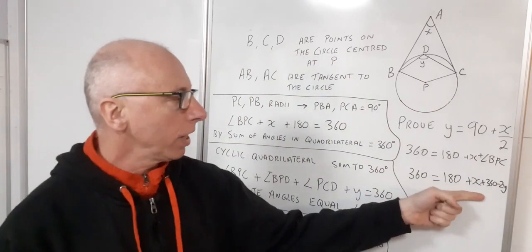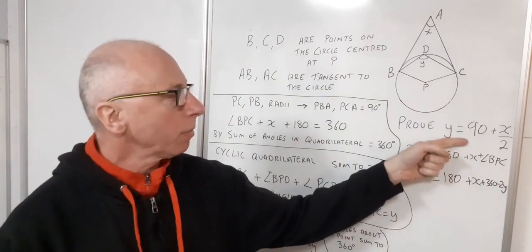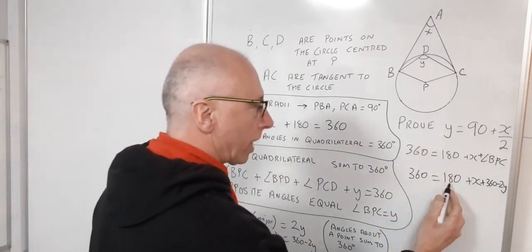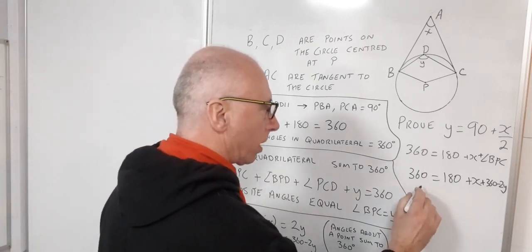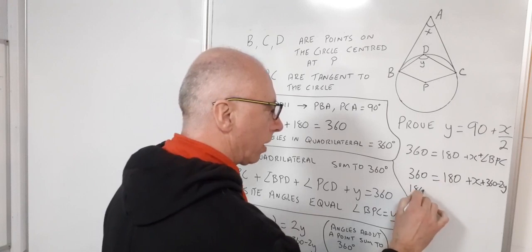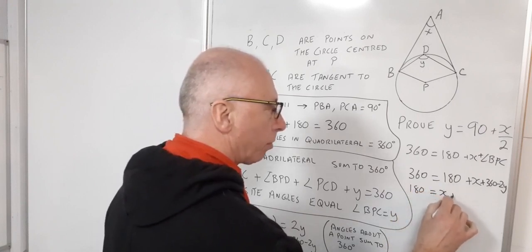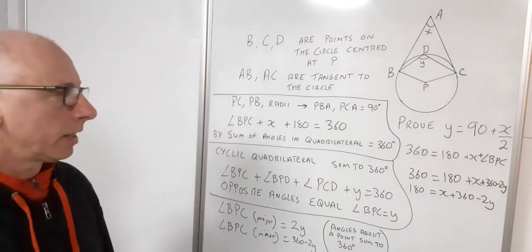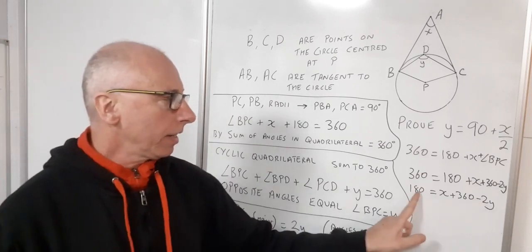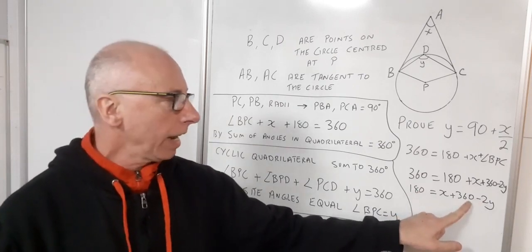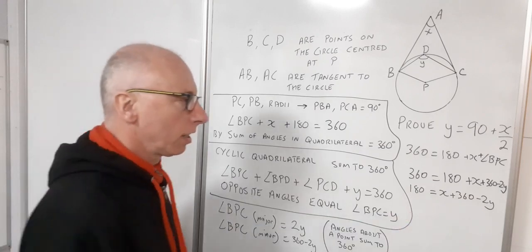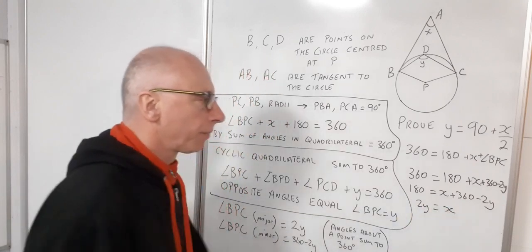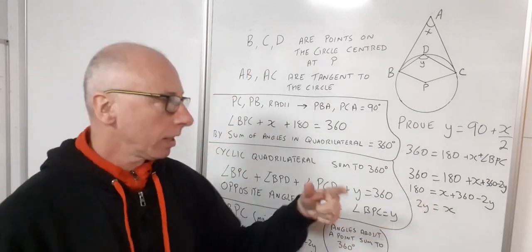Okay, so now I've got an equation with x and y, the same as I've got here, which I want to prove. So let's see if I can do something with that. So let's subtract 180 from both sides. So 360 minus 180, that's 180 equals x plus 360 minus 2y. Okay, right, let's get this 180 on this side and then we'll bring the 2y over to this side. So now my minus 2y becomes positive 2y and that equals x. 360 minus 180 gives me 180.